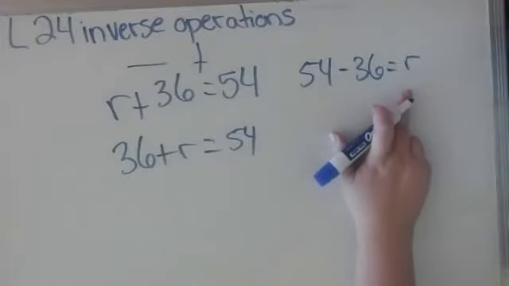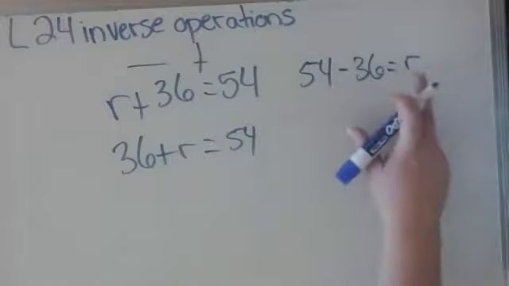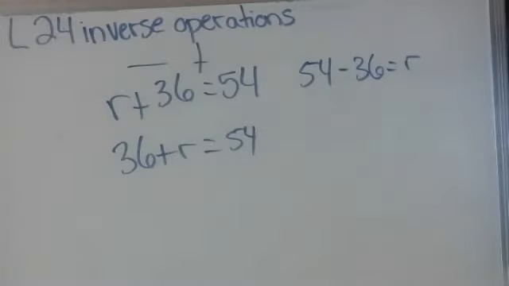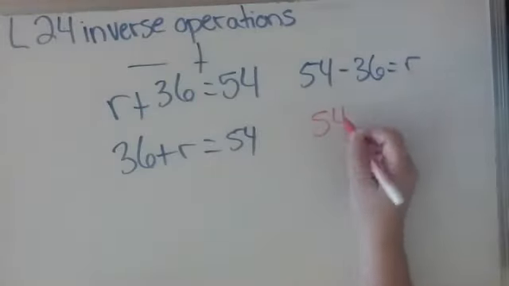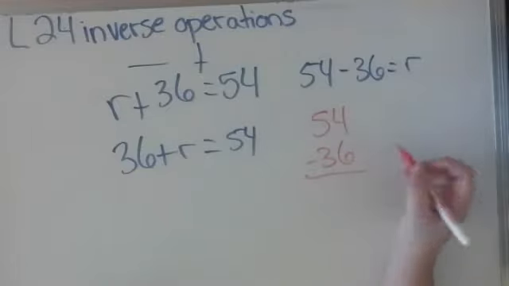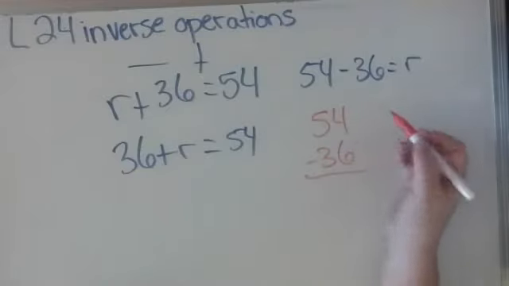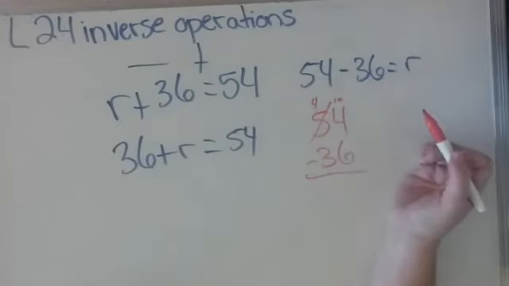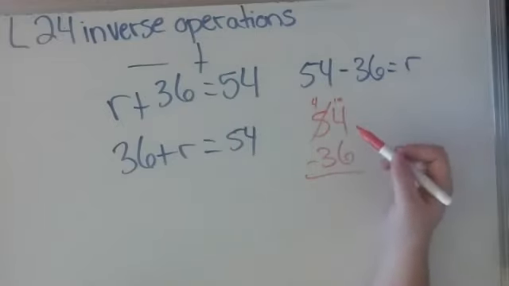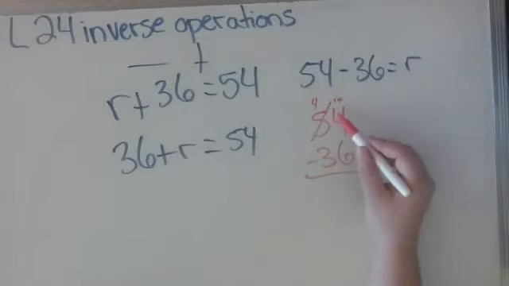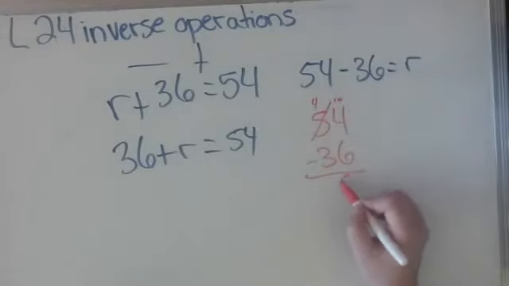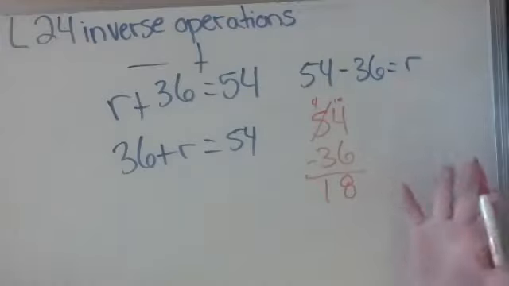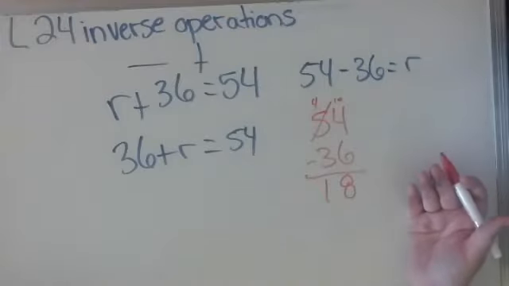R is now the difference, or the answer. So I need to do this to be able to find what R is. So I'm going to do it. 54 take away 36. 4 and 6 I can't do. I need to borrow. This becomes 10. And same thing all over again. This is now 8. This is now 1. I have my answer.